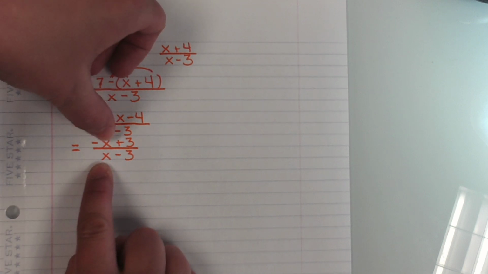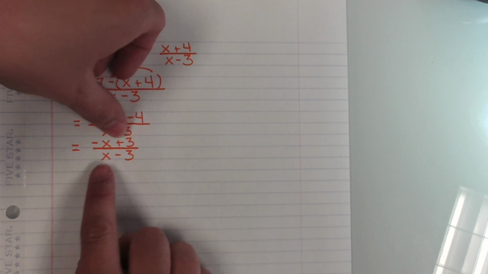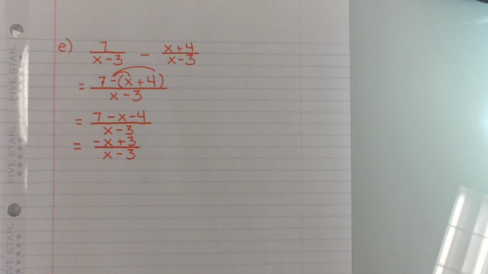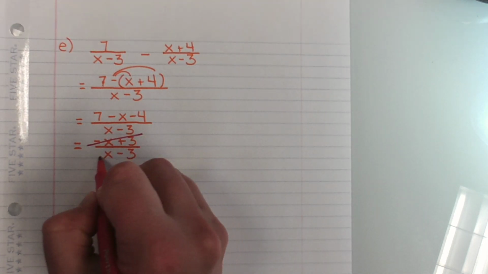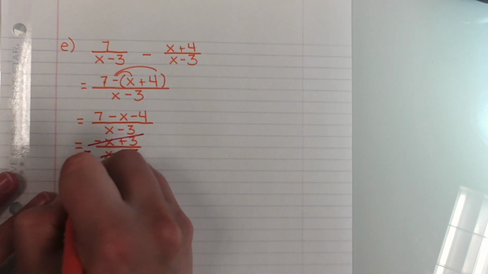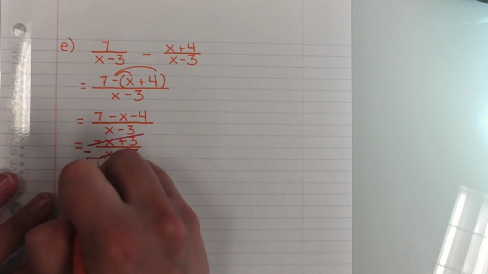They're exact opposites. Negative x, positive 3, negative 3. And when they're opposites, you can cross them off as long as you put what in front? Negative symbol. What's the negative going in front of? 1, not 0.